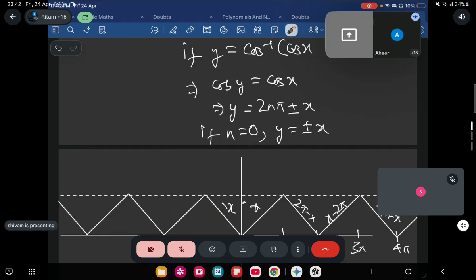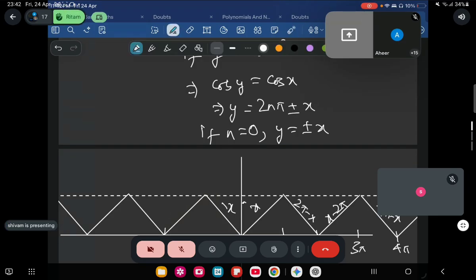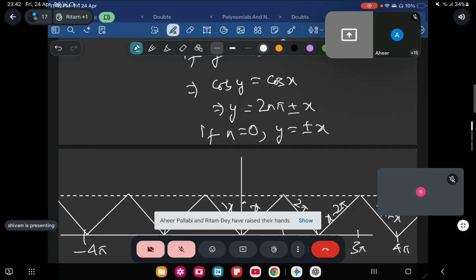See, this is minus 2 pi. Rhythm, tell me. Sir, y is equal to x plus 2 pi. y is equal to x plus 2 pi.